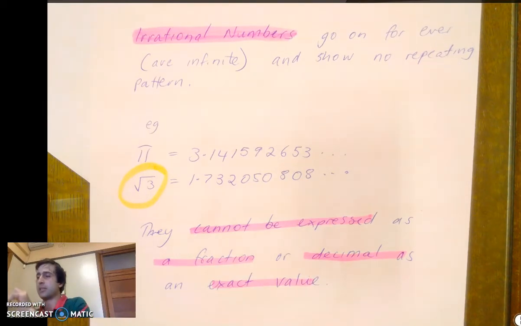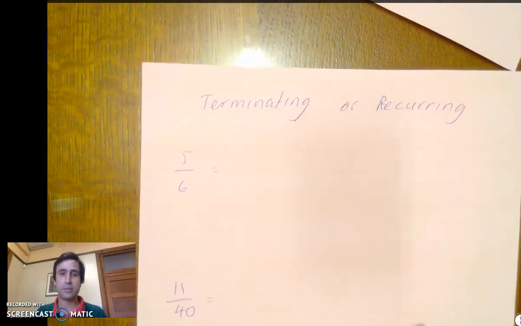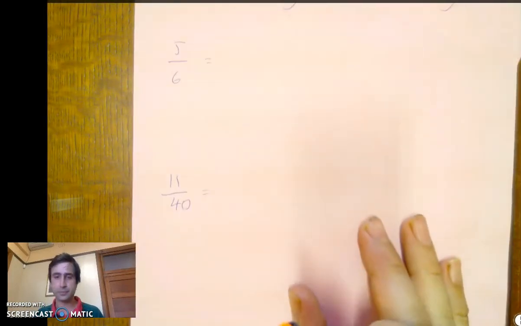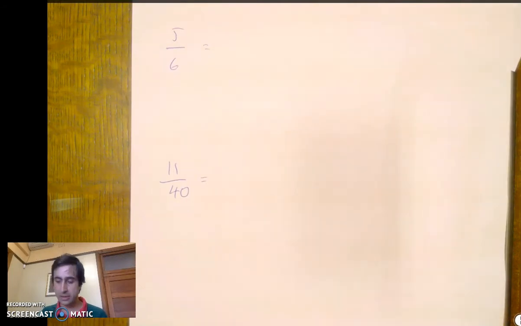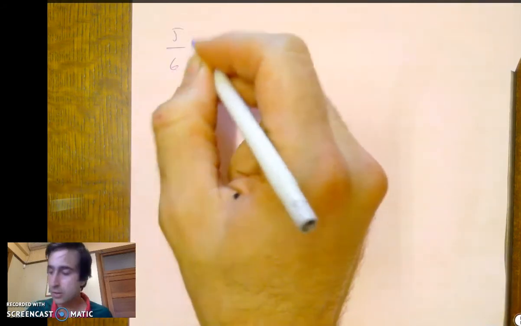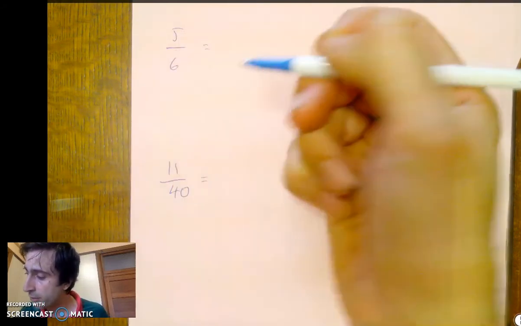So let's have a look at these: terminating or recurring? For these we're going to need our calculator, because the way that we find out if it's terminating or recurring is by doing whatever this fraction is telling us. This is the same as saying 5 divided by 6.